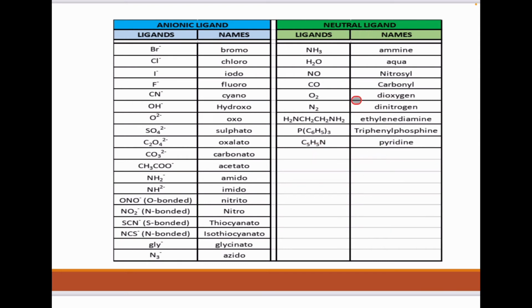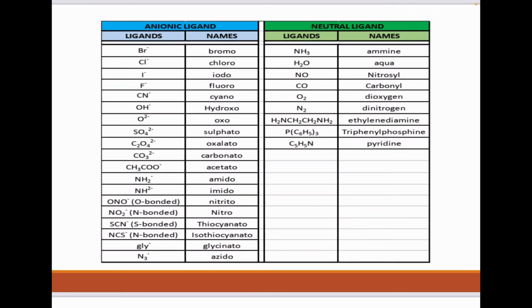For neutral ligands, the end of the name is not -o. For example, ammine is not amino, it's still ammine. When you look at the ionic ligand Br negative, we know this is bromide, so the name is bromo, meaning the suffix changes to -o at the end of the word.